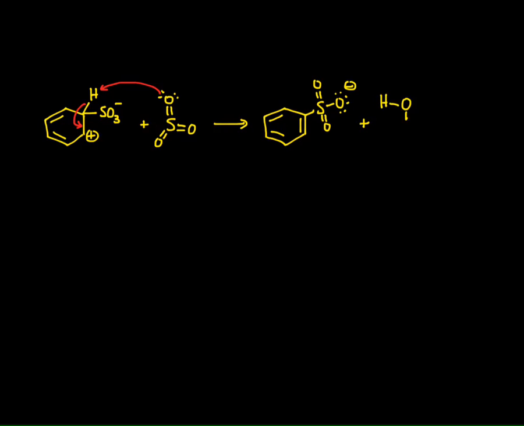But notice when sulfur trioxide removes that proton, I'm protonating it, which forms an acid, and I can use this acid to then protonate the SO3 minus on the ring, and I get my benzene sulfonic acid, and I'm regenerating that sulfur trioxide.